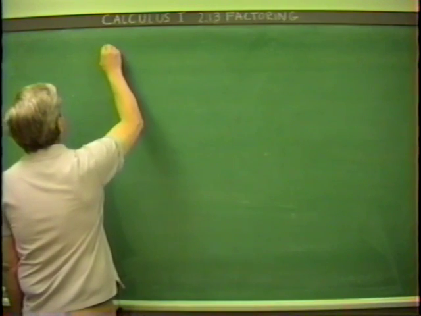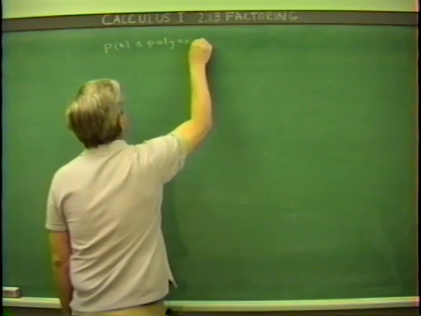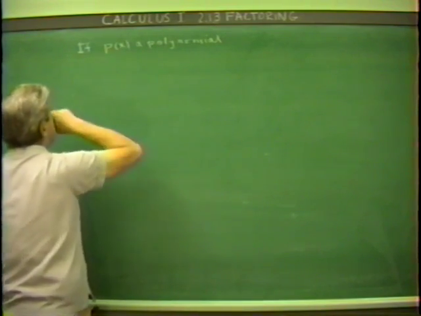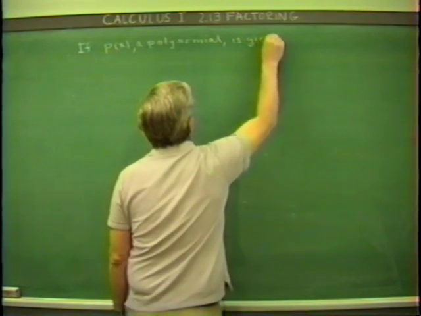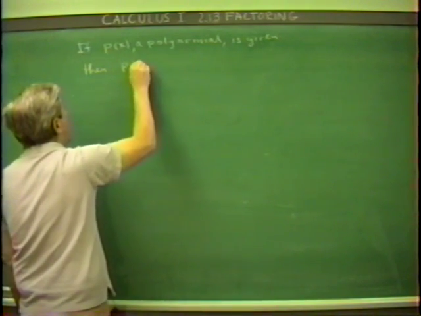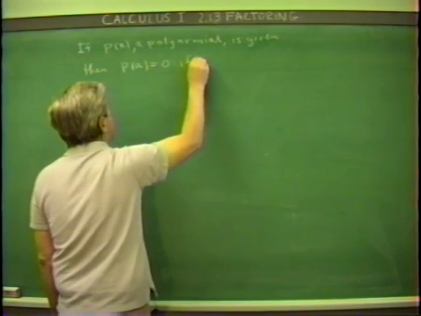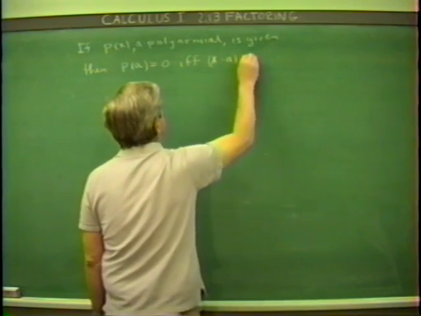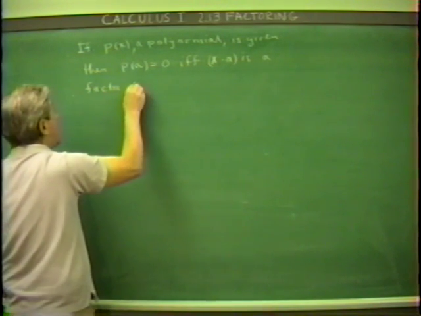If p of x is a polynomial, then p of a number a is equal to 0 if and only if x minus a is a factor of p.